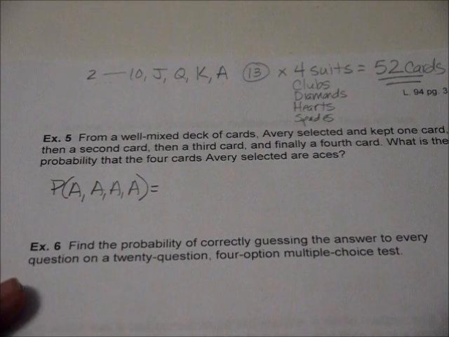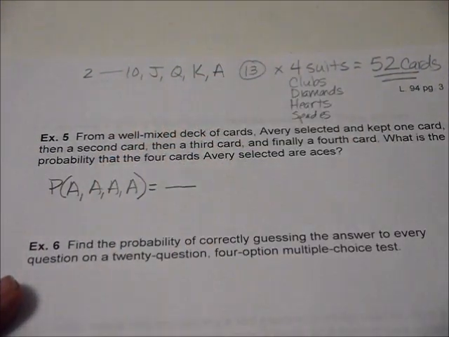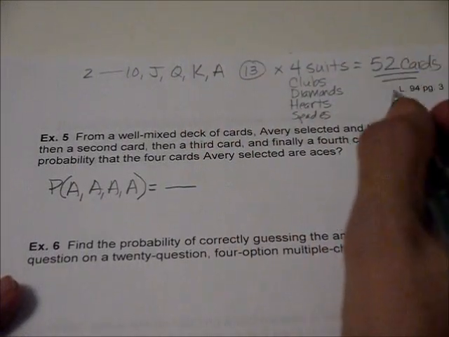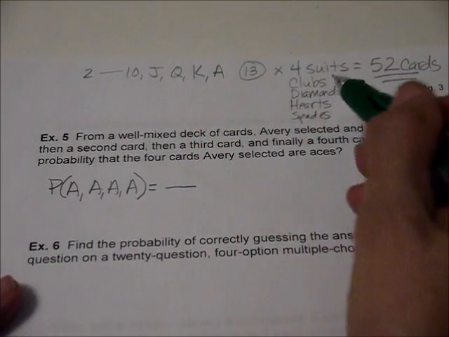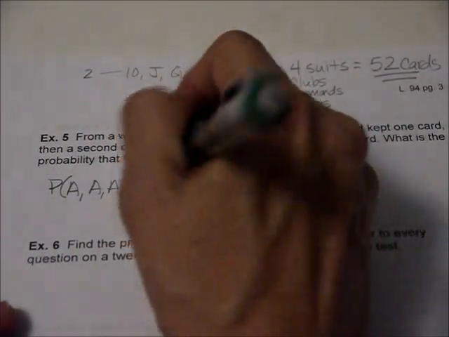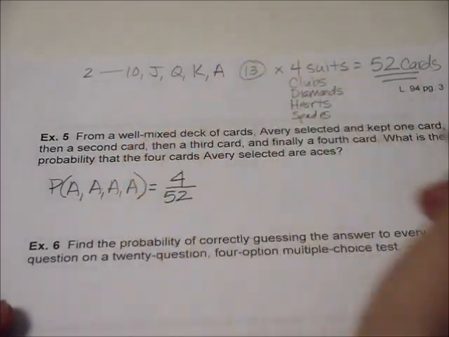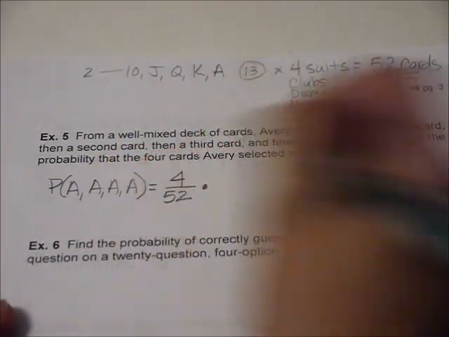Okay, so first shot is what's the probability of grabbing an ace? Okay, well, there are 4 aces. You know, there's an ace of clubs, an ace of diamonds, an ace of hearts, and an ace of spades. So there are 4 aces in a deck of 52. Okay, so that's round 1.